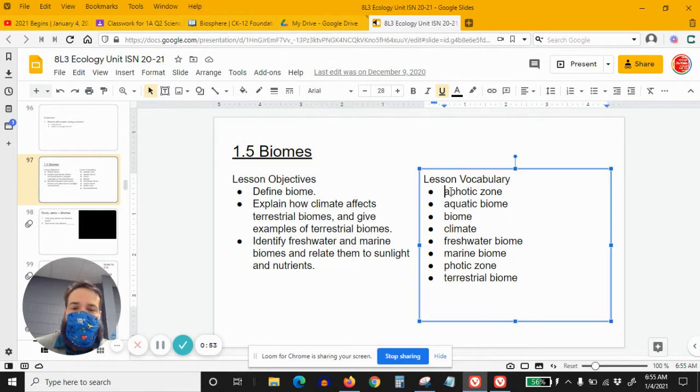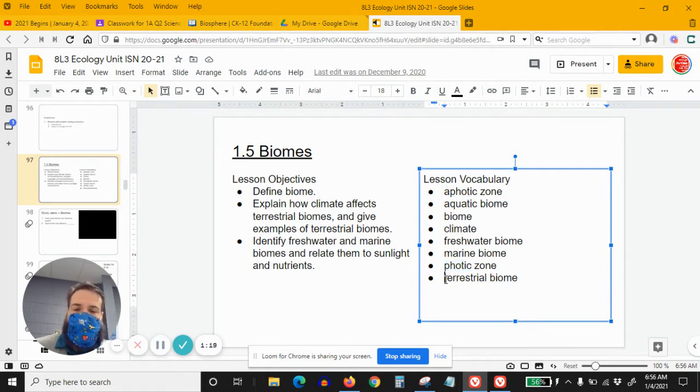Aphotic zone, remember A means not, okay? Photo means light, okay? And ic means having to do with. So aphotic zone means not having to do with light. Photic zone means having to do with light.